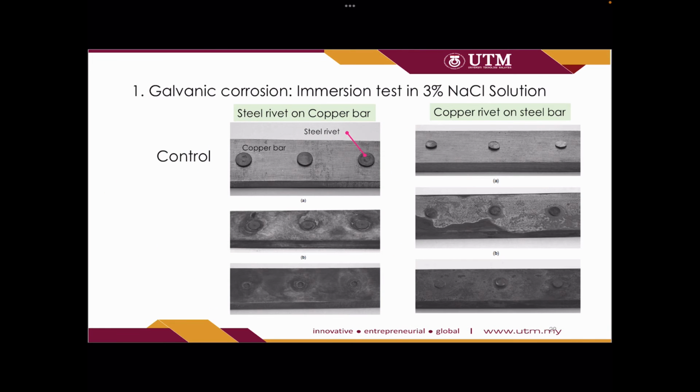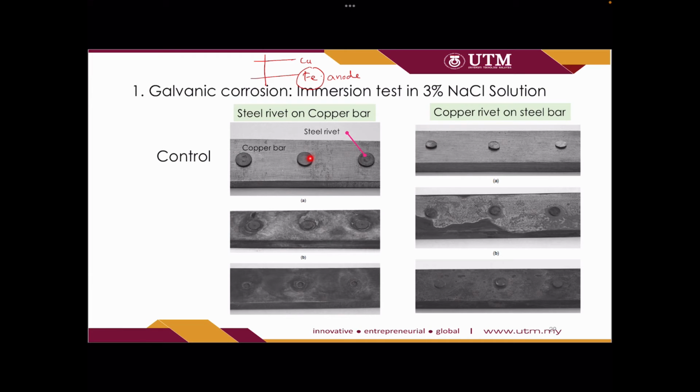Okay. So here are some experiments showing a test between the size and the type of material to investigate the galvanic effects, galvanic corrosion, between the two materials. For example, in this case we have a steel rivet versus a copper bar. The large material is copper, the small material is steel. In the galvanic series, copper has a higher potential compared to steel, so steel will become the anode.